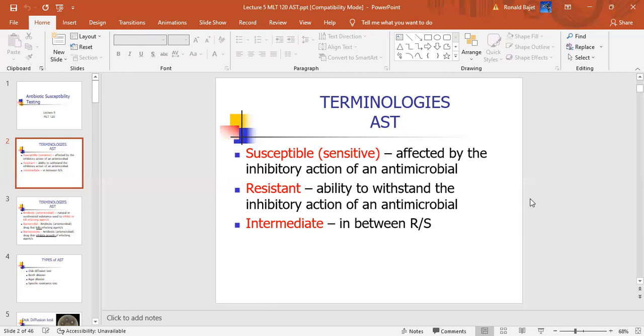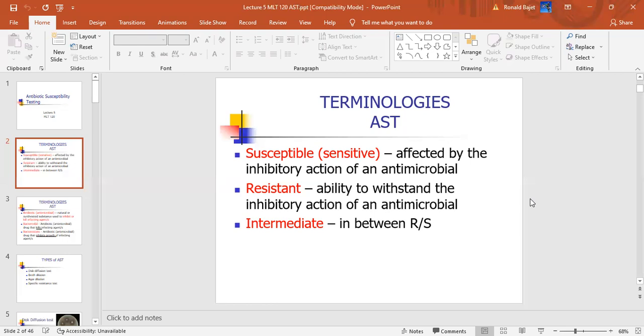So if the laboratory tells the doctor what antibiotics are susceptible, those are the antibiotics that he's interested in. If, for example, the patient is allergic to penicillins or anything that's penicillin, the organism can be susceptible to the penicillins, but it's not a good antibiotic to give to the patient because of the possibility of an allergic reaction.